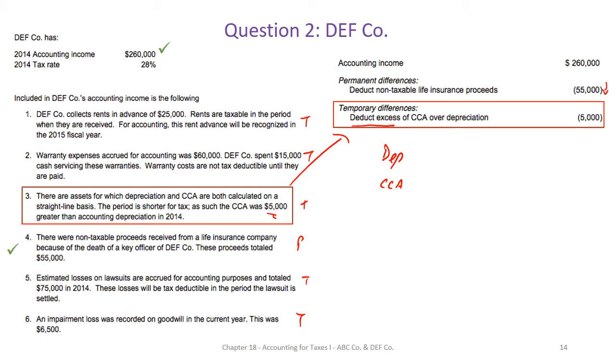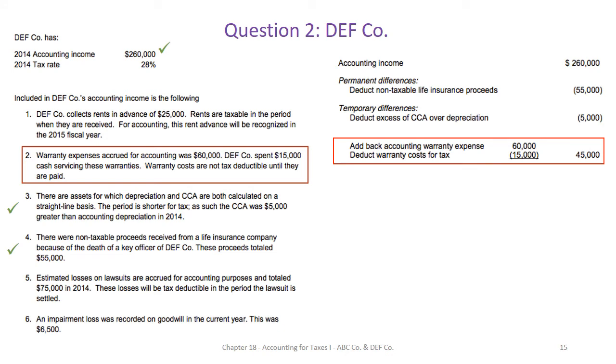So we could make up a number here, and we could say that accounting depreciation was $15,000. And we could say that CCA was $20,000. And that would give us a net difference of $5,000. And so that's the amount that we're going to deduct here.